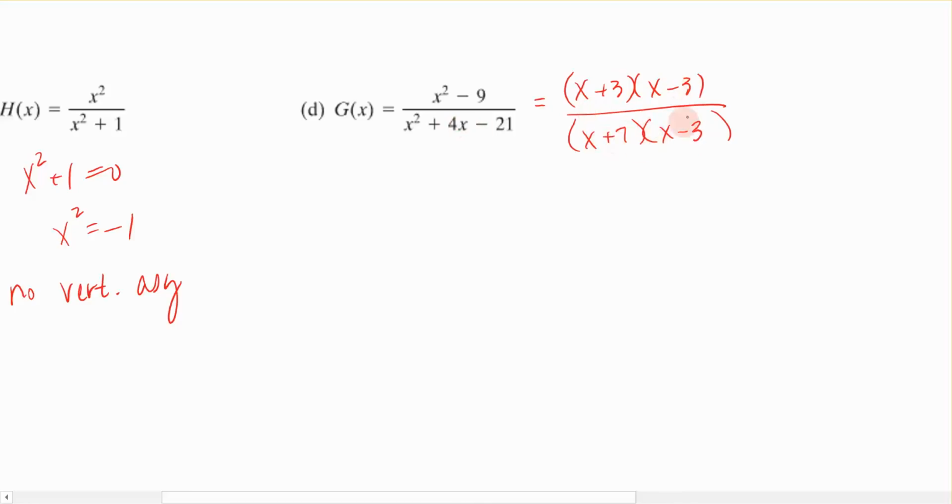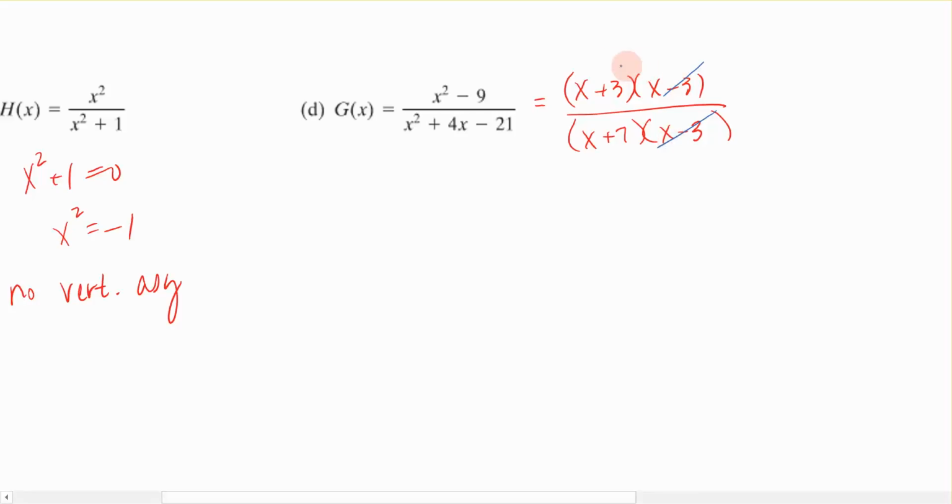So all I've done is rewrite my rational function here on this side in its factored form. Now that I have factors, I can see, are there any common factors that are going to cancel? And sure enough, this x minus 3 in the numerator and the one in the denominator are my terms that are actually going to cancel.